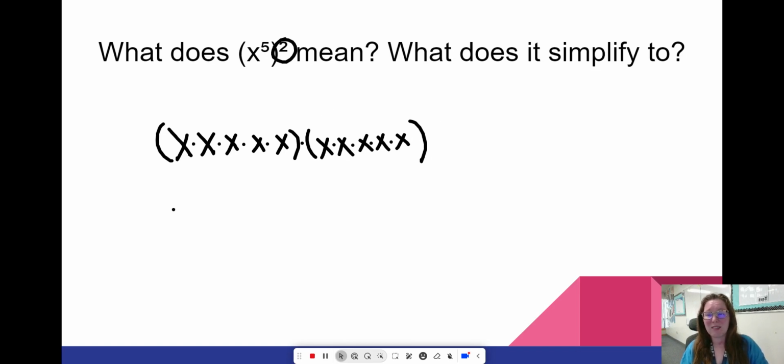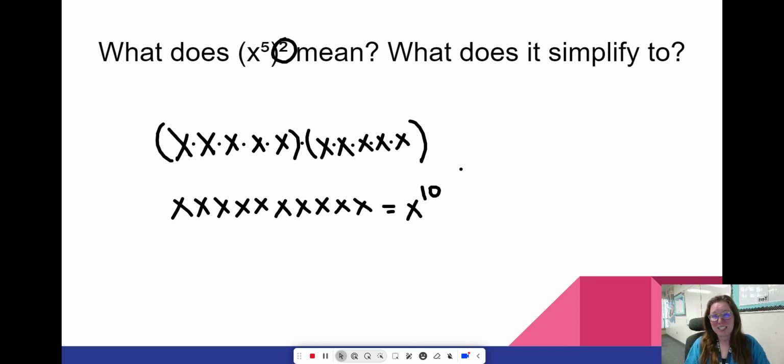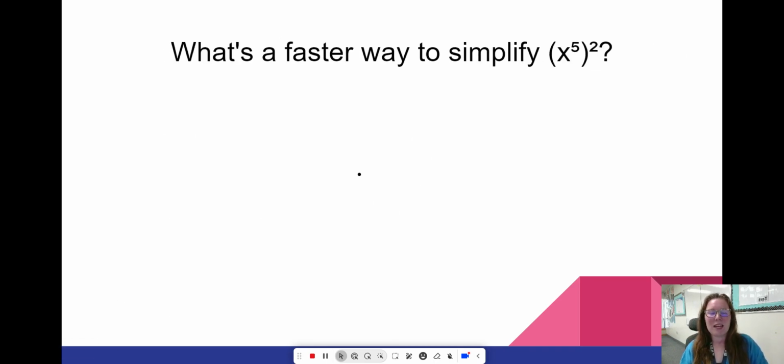So really we have 5 x's here, 1, 2, 3, 4, 5, and 5 x's here, 1, 2, 3, 4, 5. So what does it simplify to? X to the power of 5 plus 5 is 10. So x to the power of 10 is what we have for x to the power of 5 to the power of 2.